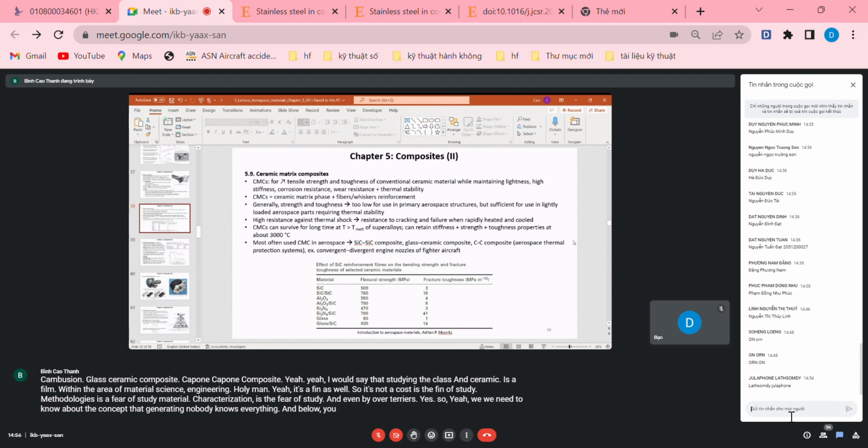And below you have the table summarizing the effect of silicon carbide reinforcement fibers on the bending strength and the fracture toughness of several ceramic materials. So for example, for silicon carbide, you have the flexural strength, or you can say the bending strength, of 500 megapascal, and the fracture toughness of 3 megapascal per square root of meter, and so on.